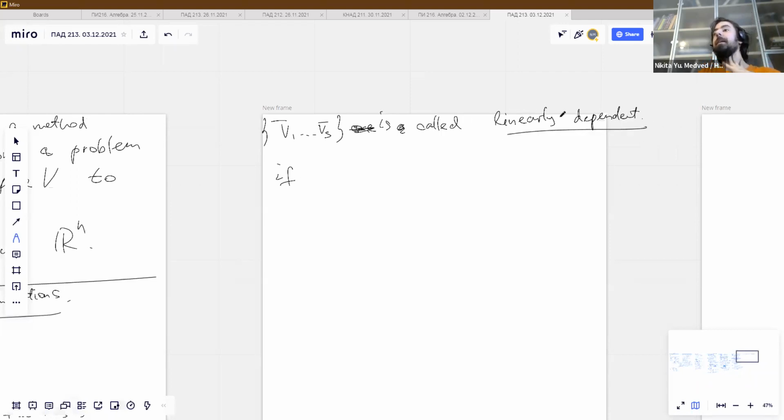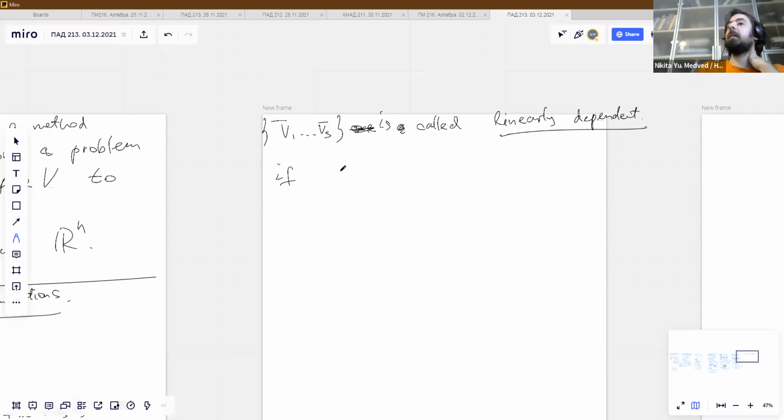Please note that linearly independent, you should consider them to be one word. They can't be separated. This is one term. It has a particular meaning. It is expressed through two words, but it is one term.